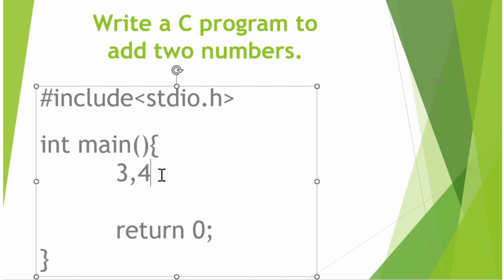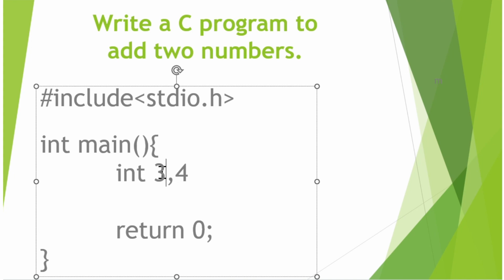Just by seeing 3, 4, we know that these are integers and not decimal values, but the compiler will not know. So we need to tell the compiler that these two numbers are integers. For that we will write int, just like we have written int in int main.